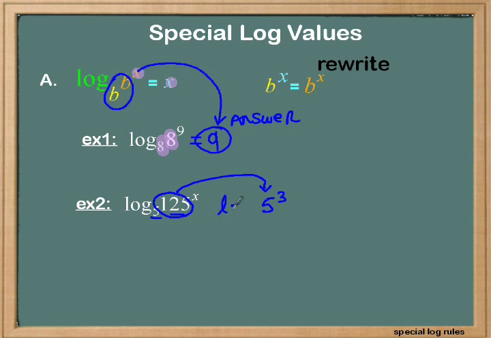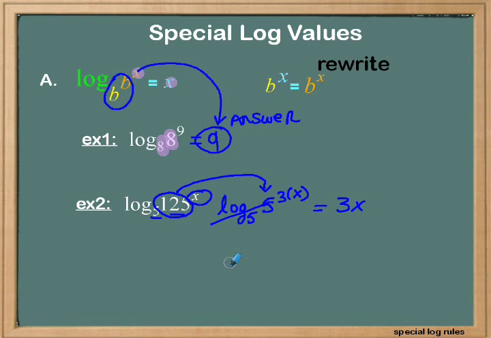I'm going to go ahead and write what I did, and let's see what happens here. Now don't forget that that was 5 to the third, and there was the x already out there. So that means that these cancel, and I'm left with the simple answer of 3x. That's my answer.